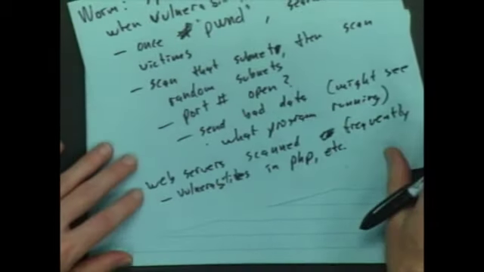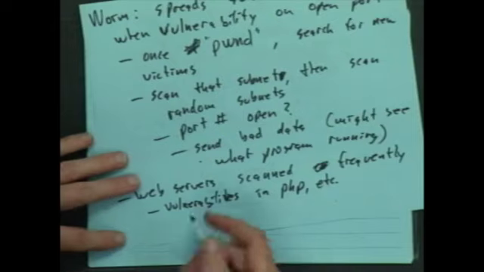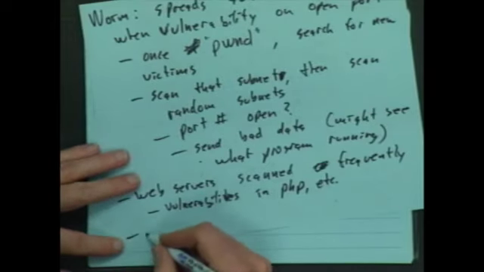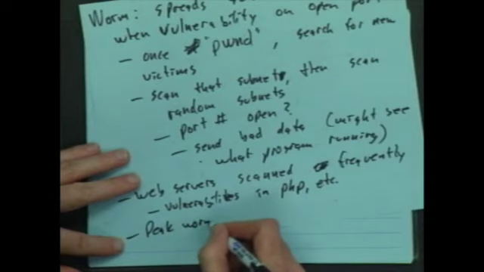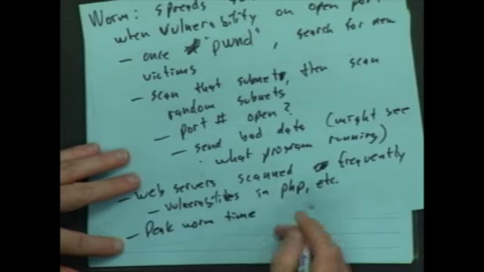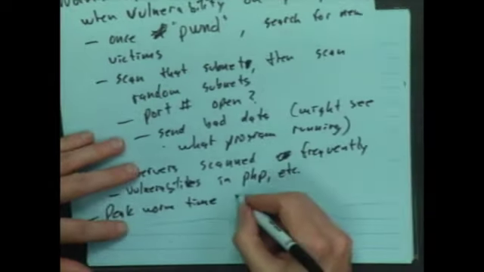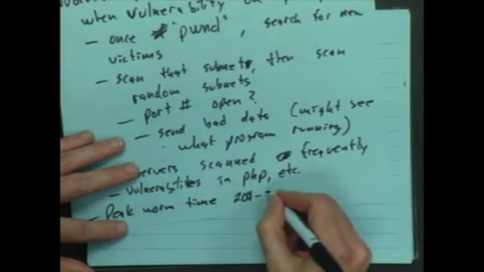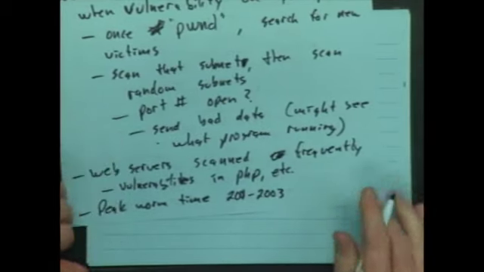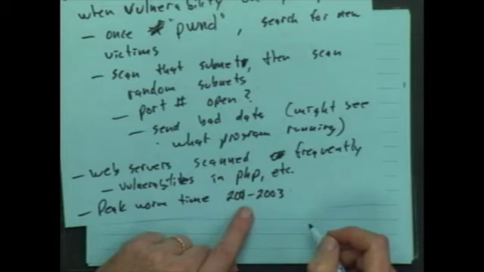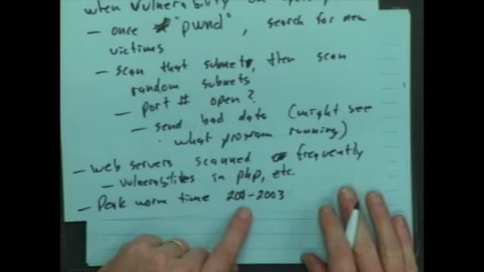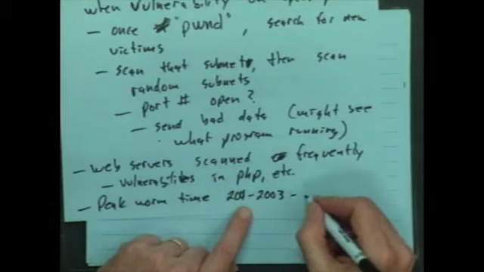Right, what are we gonna do? Oh, that's fine. The height of worms, by the way, there was a really big heyday for worms. The peak worm time was really 2001 to 2003. We haven't had a really bad set of worms since then. But what that period did is we switched.